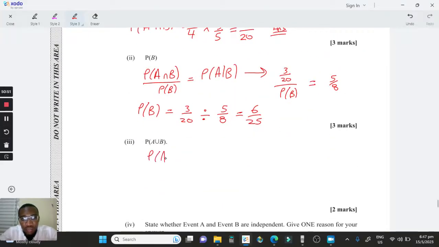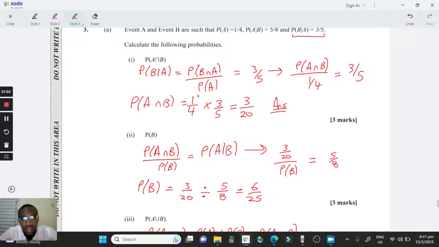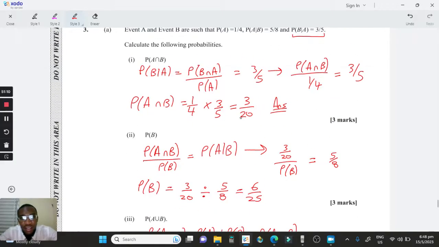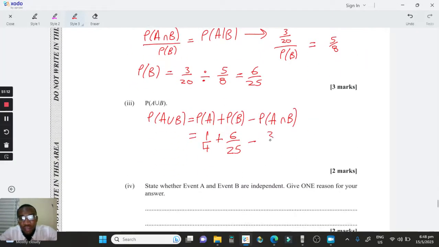Now the probability of A union B is equal to the probability of A plus the probability of B minus the probability of A intersect B. The probability of A, which was a quarter, plus the probability of B, 6 over 25, minus the probability of A intersect B, which we know is 3 over 20.